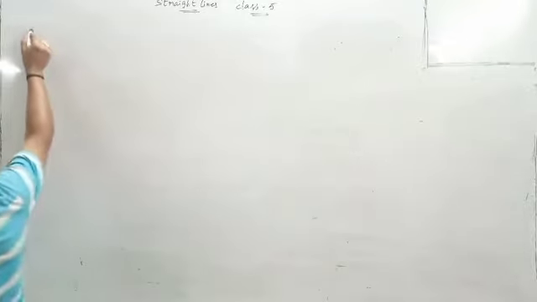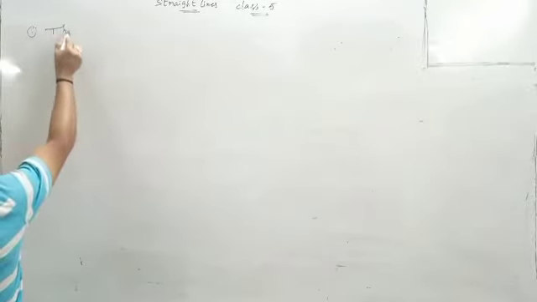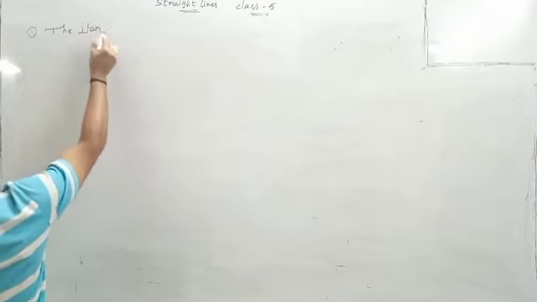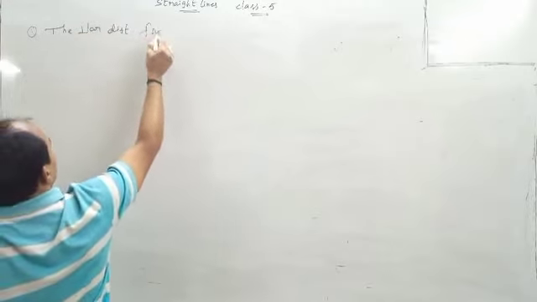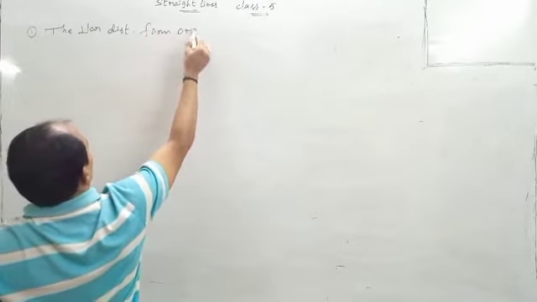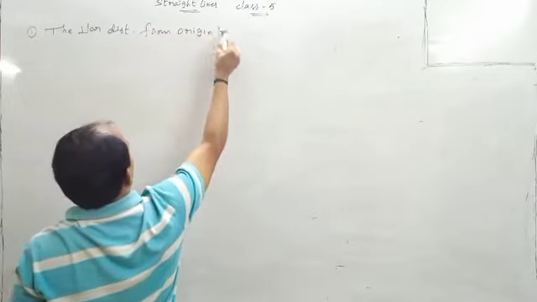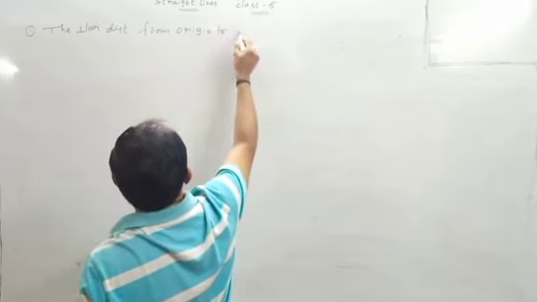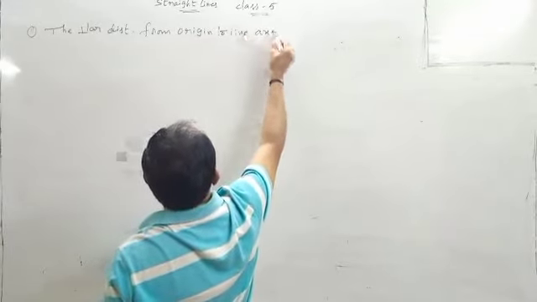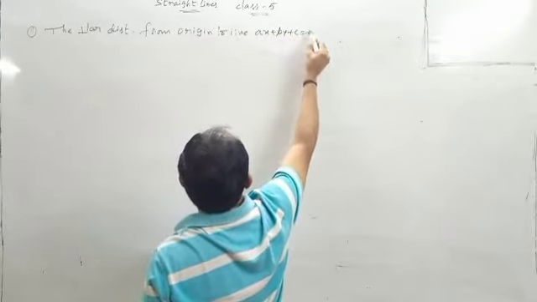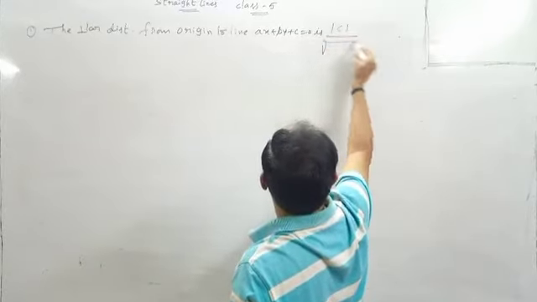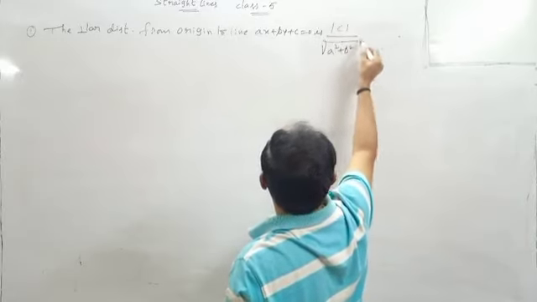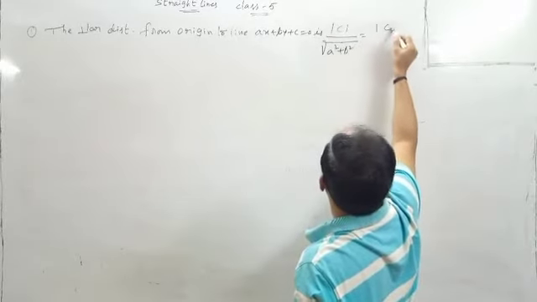First one, the perpendicular distance from origin to line ax plus by plus c is equal to 0 is modulus of c by root of a square plus b square.